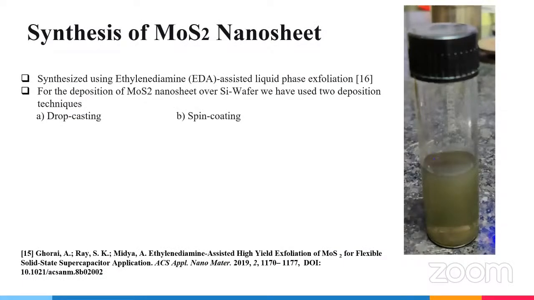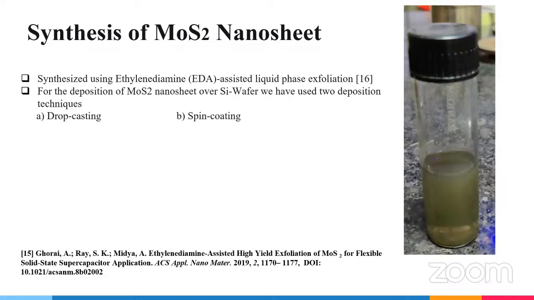We synthesized the bulk MoS2 with EDA, a solvent that we mixed with the bulk MoS2, and we used liquid phase exfoliation, in which we used a centrifugal technique and ultrasonication for the exfoliation of the MoS2 nanosheet.